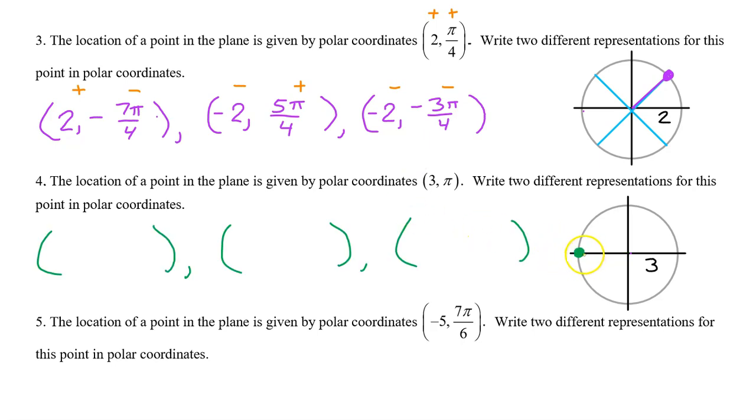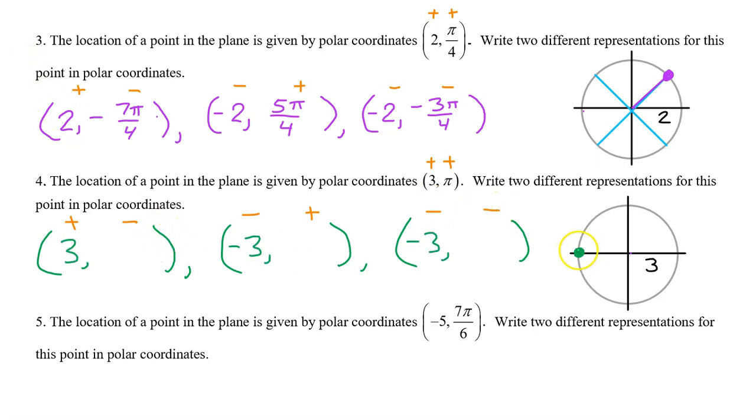This is the target. We are given positive r and positive theta to begin with. Let's come up with 3 other representations: one that has positive comma negative, one that has negative comma positive, and one that has negative comma negative.